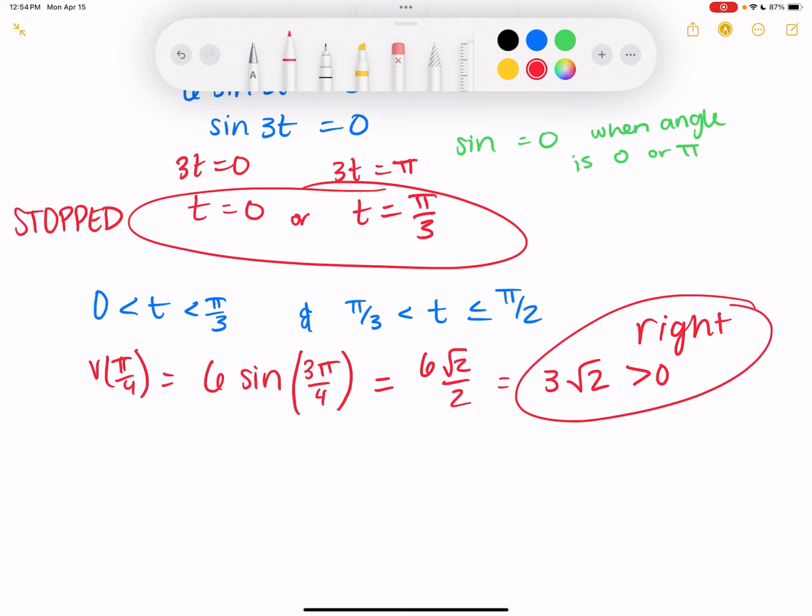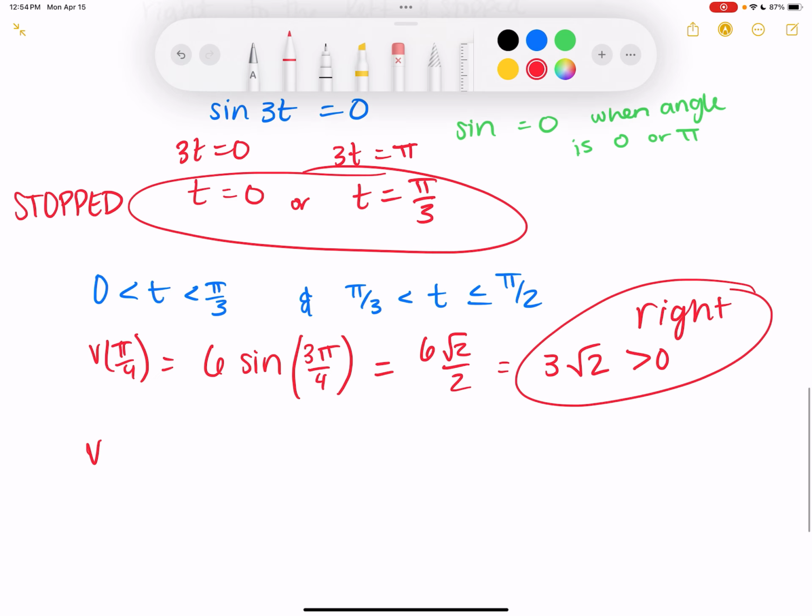All right, so v of 5 pi over 12, 6 sine of 3, here, I'm going to write it this way, 3 times 5 pi over 12, but the 3 and the 12 can reduce, so that's going to become 5 pi over 4 instead.